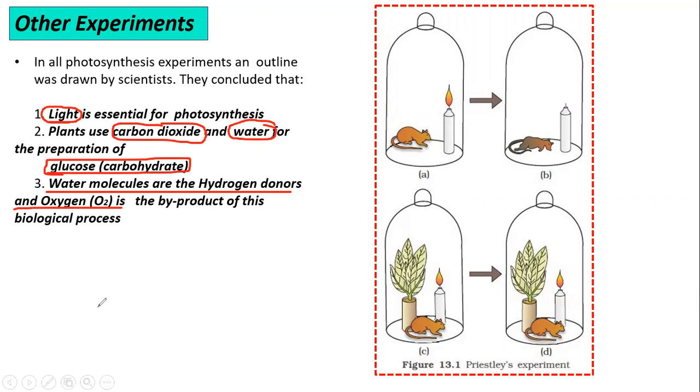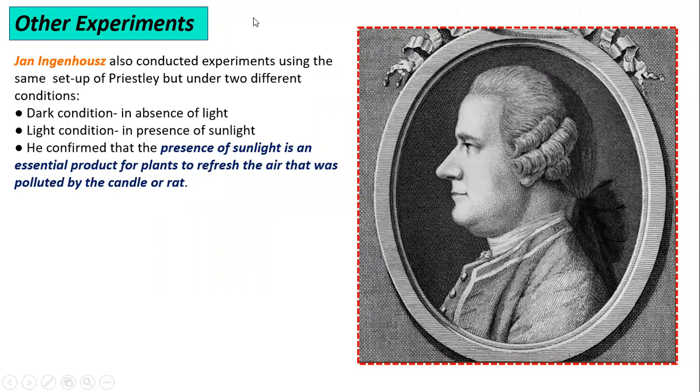By the process of photosynthesis, oxygen molecules are evolved, right? So certain scientists told that this oxygen is actually coming from water and not from carbon dioxide, and they have done experiments to prove that as well. Clear? So let's move with the very first person, that is Jan Ingenhousz.